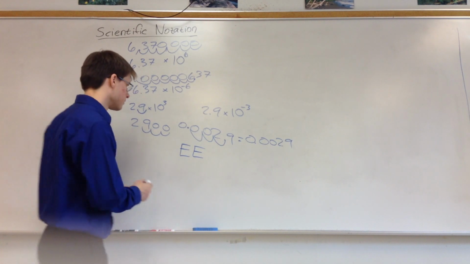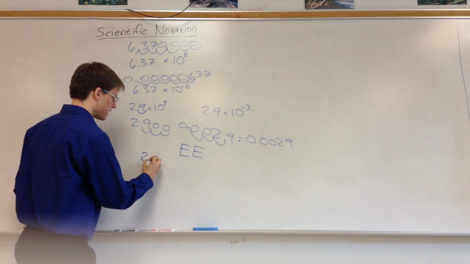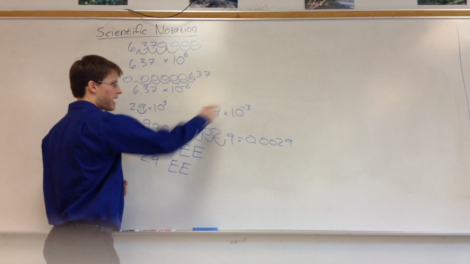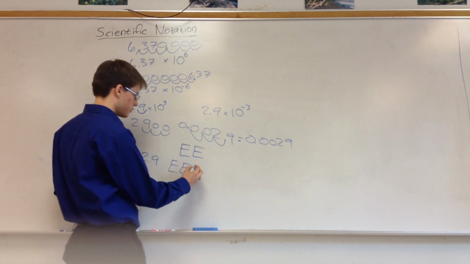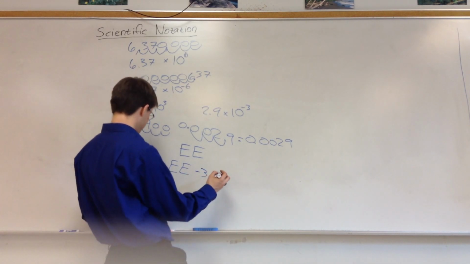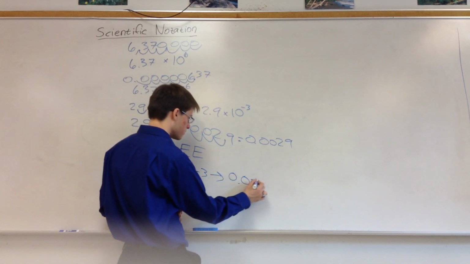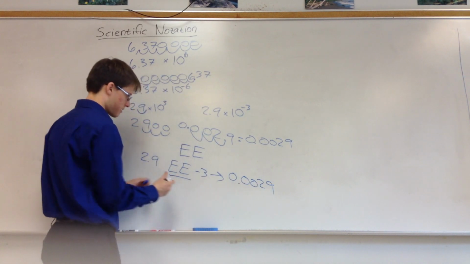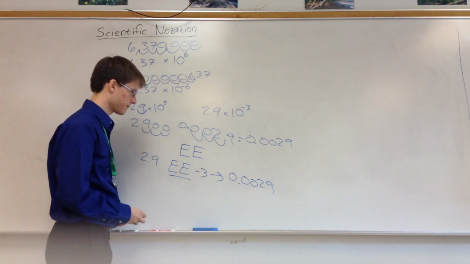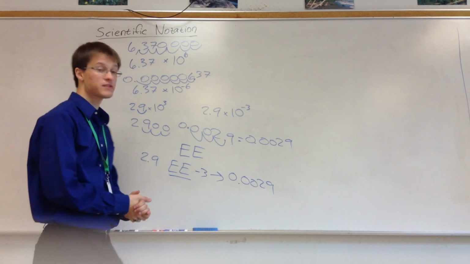Often you can just put in 2.9 and then hit the EE button, and then write the power of 10 that you want, so to the negative third, and this will output 0.0029. This EE kind of replaces the 10 to the something. Yeah, so that's scientific notation.